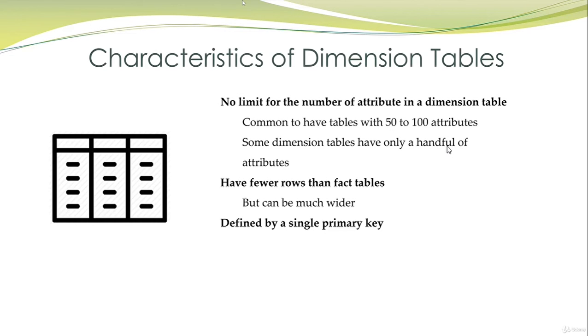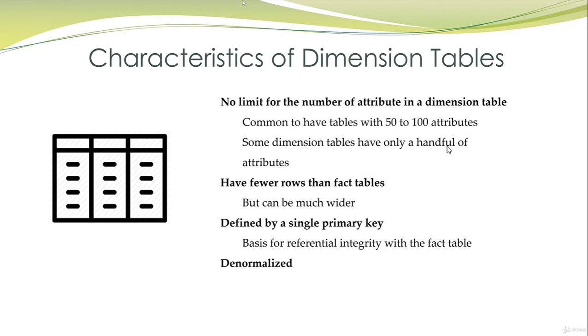A dimension table is defined by a primary key, which is going to be the reference in the fact table. And these are denormalized tables, which is also a reason for having so many attributes.